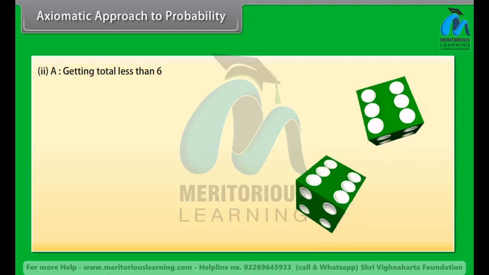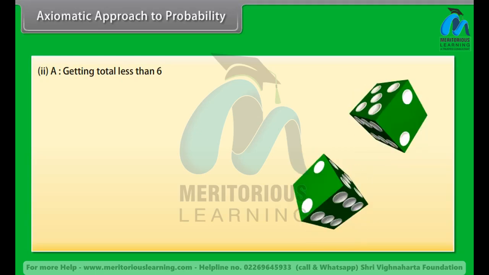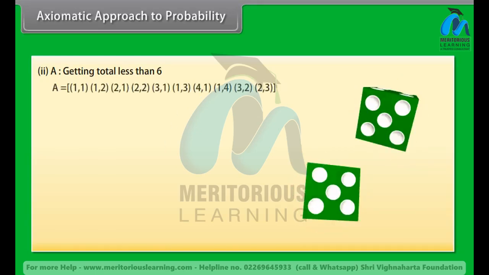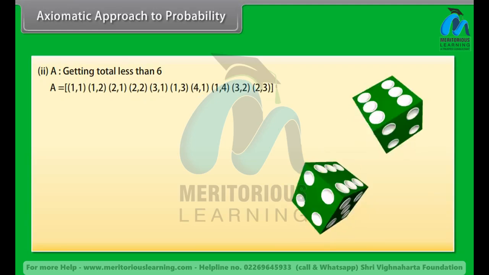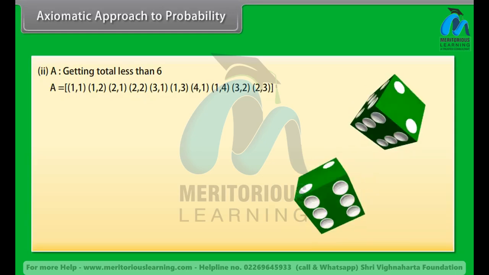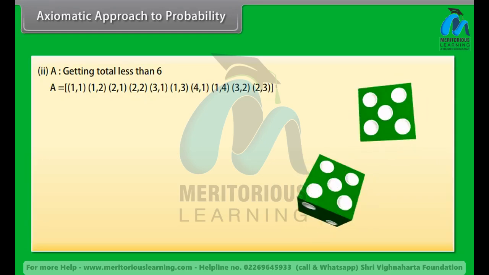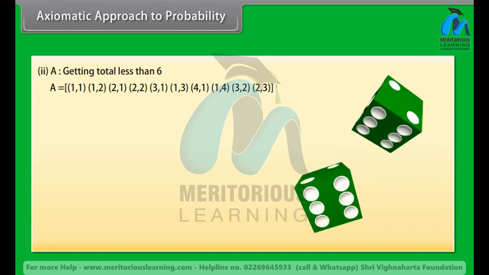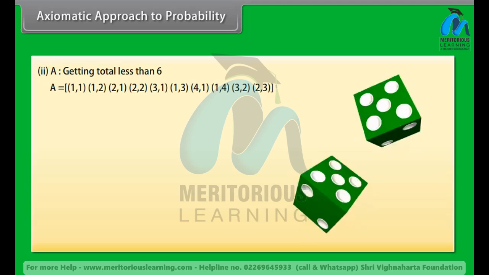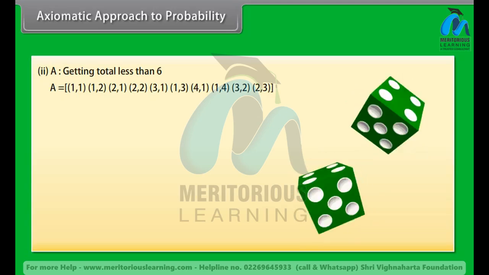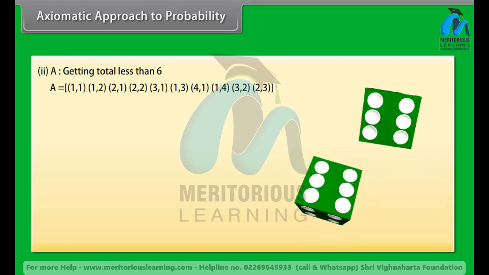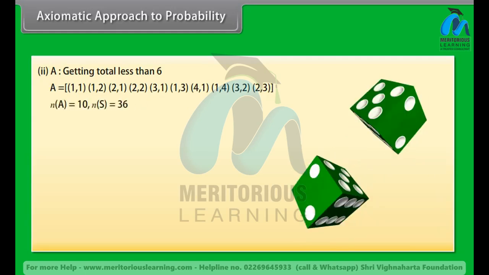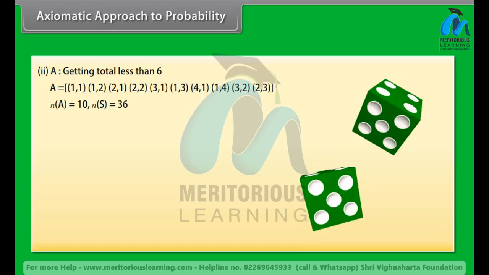2. Let A be getting total less than 6. A is equal to {(1,1), (1,2), (2,1), (2,2), (3,1), (1,3), (4,1), (1,4), (3,2), (2,3)}. N(A) is equal to 10.